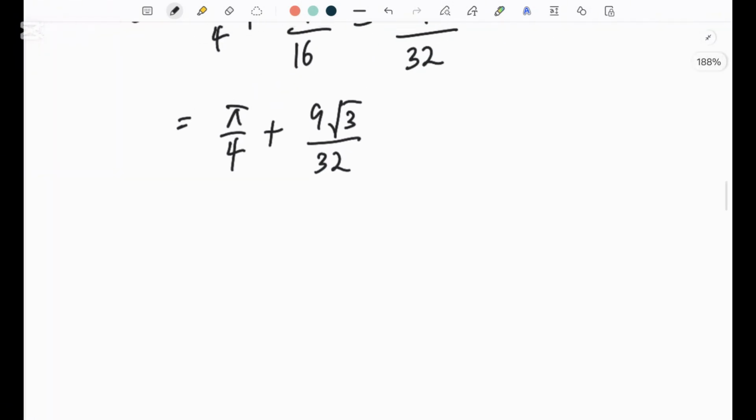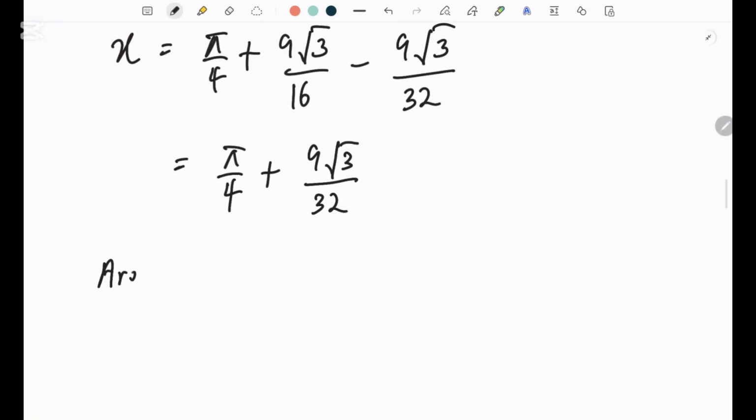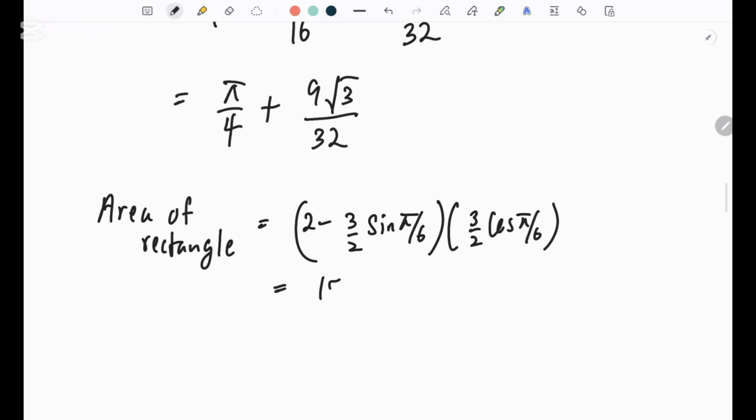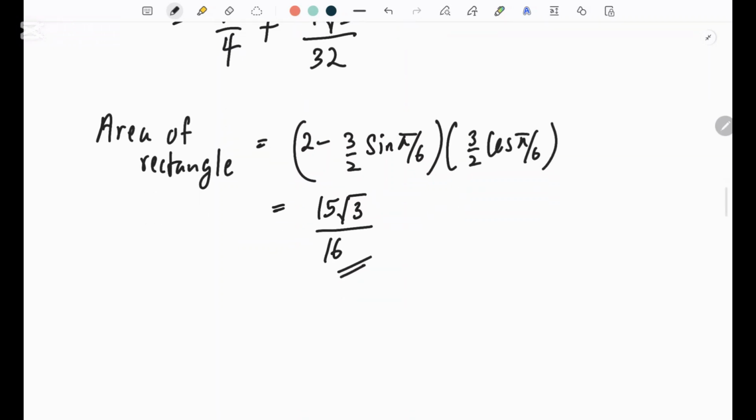So I'll write area of rectangle equals 2 minus 3 over 2 sine pi over 6, times 3 over 2 cos pi over 6. This gives me 15 root 3 over 16. Now that's the area of the rectangle.